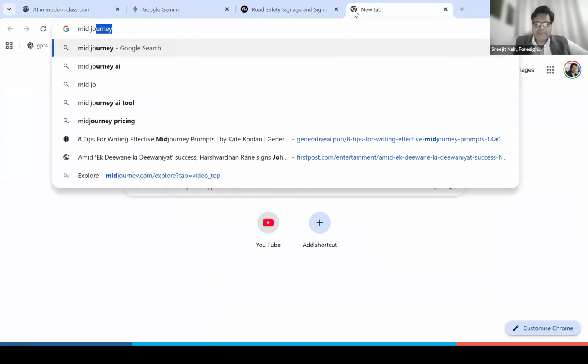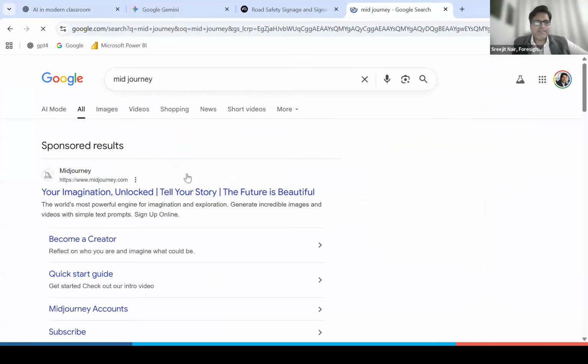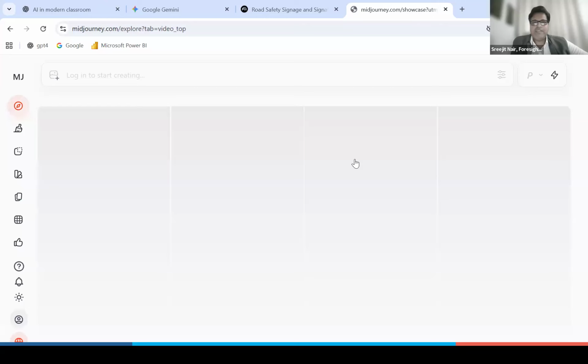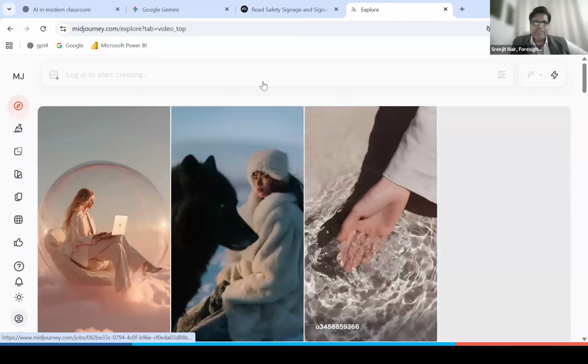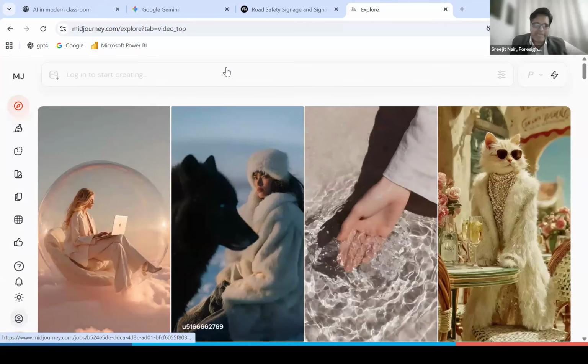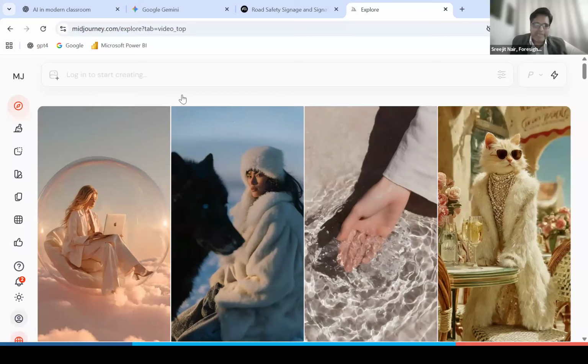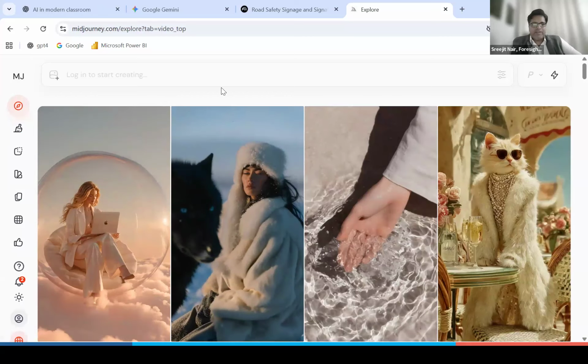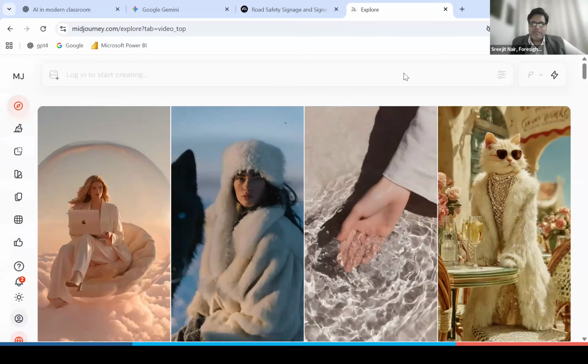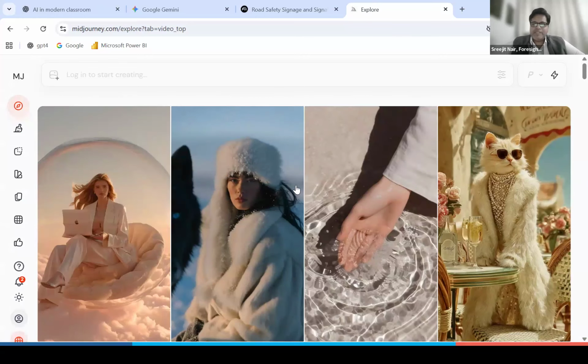Another tool that is part of the curriculum, I should mention, is a premium one, that is Midjourney. Midjourney, I think, is the best tool when it comes to creating these kinds of pictures, but it is not free, it is paid. So being a paid version, it is limited.